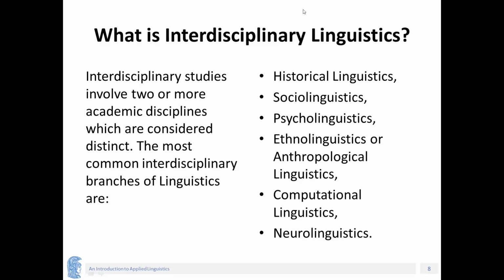Historical linguistics, sociolinguistics, psycholinguistics, ethnolinguistics or anthropological linguistics, computational linguistics, neurolinguistics, and there can be many more. So these are certain sub-branches of linguistics which are interconnected.